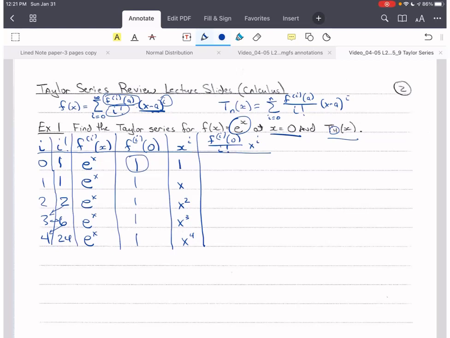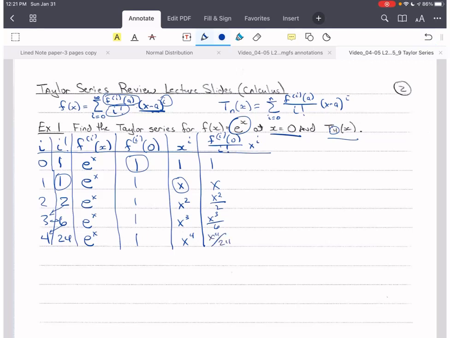I take this divided by this, so I get 1, then x, then x squared over 2, x cubed over 3, and x to the 4th over 24. I'm sorry, it's not over 3. It's over 6. I missed that. So this is over 6 and x to the 4th over 24.